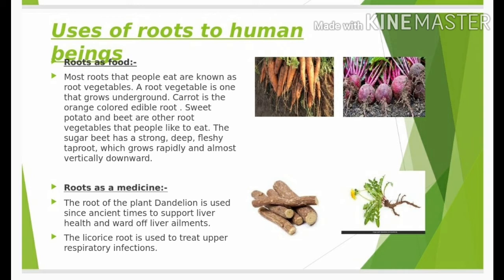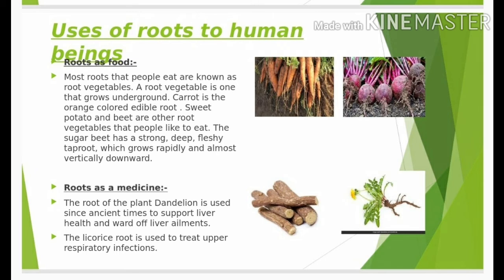A carrot is a root vegetable. It is the orange colored edible root of the carrot plant. Turnip is another root vegetable. It is a member of the cabbage family. Turnips are usually eaten boiled, steamed, roasted, fried, pickled or even raw.